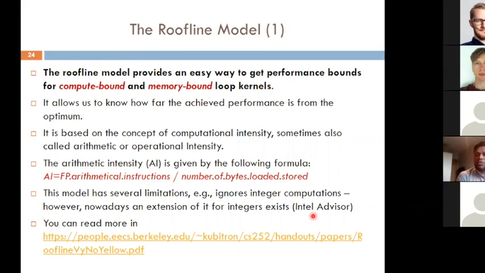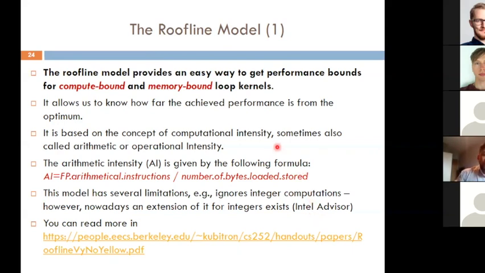Okay, vectorization and register blocking we have finished, and we have seen that there are a lot of benefits of using them in terms of optimizing performance. Now I would like to shed light on the roofline model. Before running the program, if we can know how fast or how slow our application is going to be, that is nice as well.